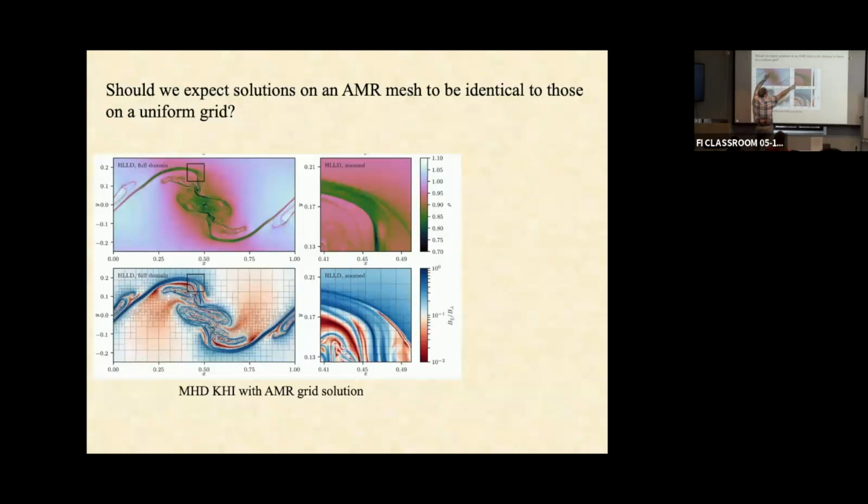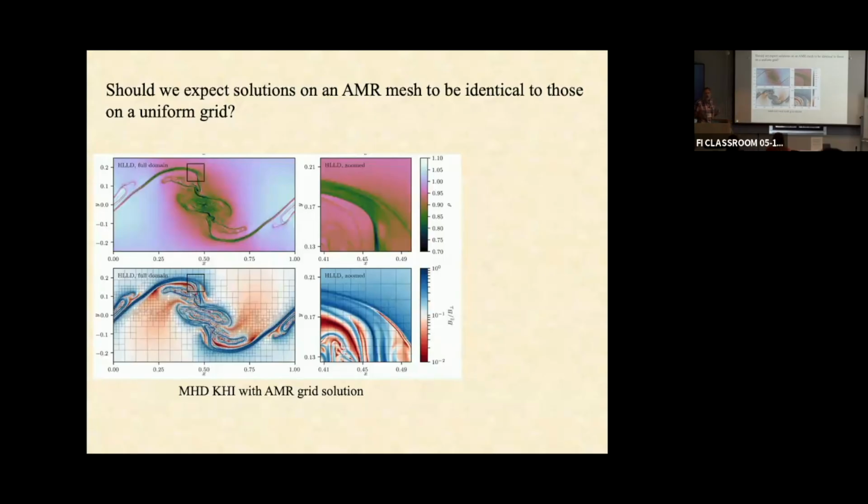And if you zoom in to one little patch of it, you can see all this fine structure, which is captured beautifully with AMR. When you use AMR to resolve this interface, you find much more small scale structure. This is plotting the density in this case and the ratio of the parallel to perpendicular magnetic field. It's a magnetized KH test.